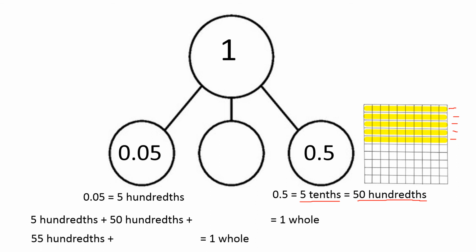It will be 55 hundredths plus something equals a whole. And now think about your number bonds and work this out, it would be 55/100 plus 45/100 equal a whole, and that would be written like this as a fraction.